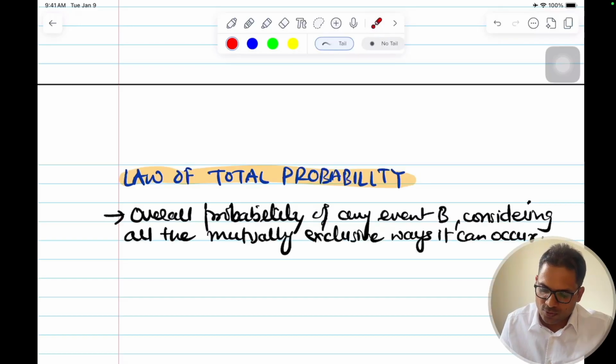So overall probability of any event B, considering all the mutually exclusive ways it can occur.